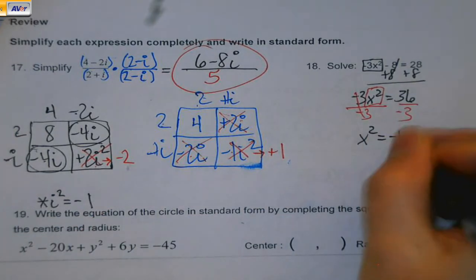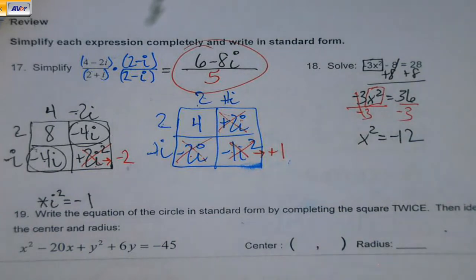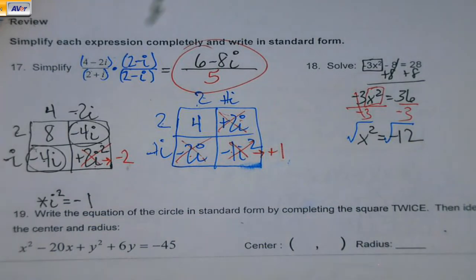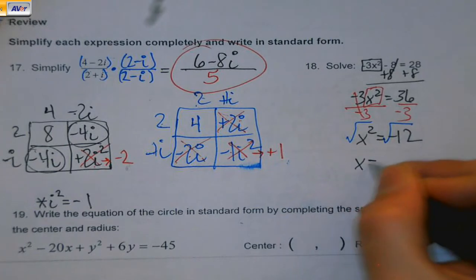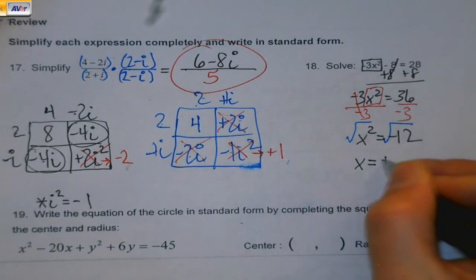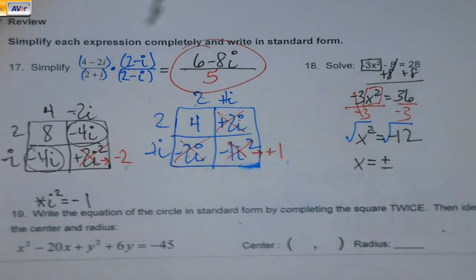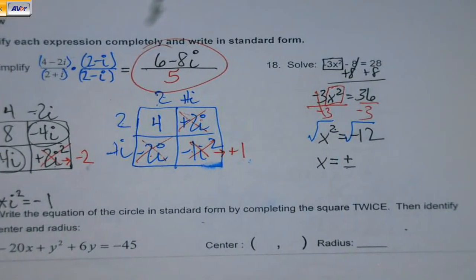Now, when I get to here, a couple of things are going to start to happen. The opposite of squaring is to take the square root, which is going to cause a couple of things to happen. First, the squared there tells me there's 2 answers. So when I take the square root, I'm going to plus minus. I've also got to keep a couple of other things in mind.